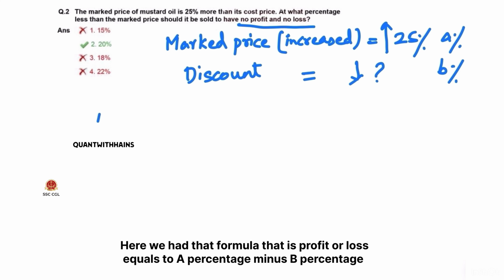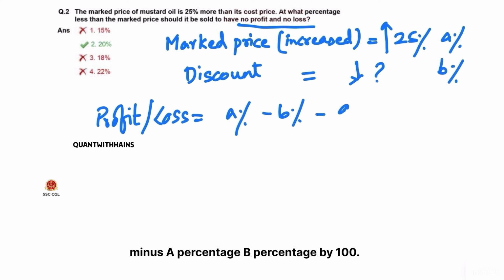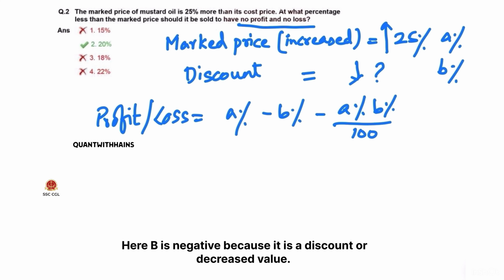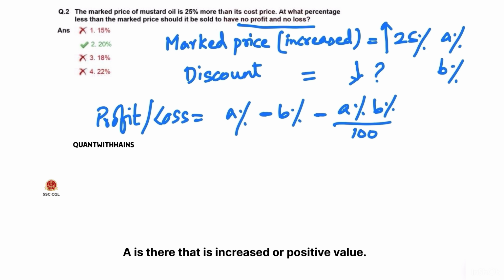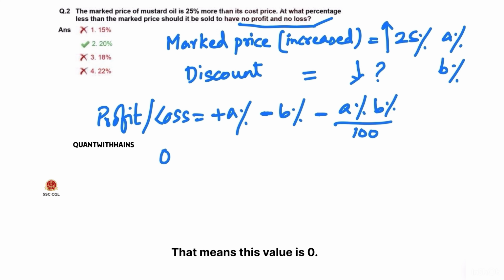Here we had that formula: profit or loss equals A percentage minus B percentage minus A percentage times B percentage by 100. Here B is negative. Wherever B is there, it is negative because it's a discount or decreased value. A is the increased or positive value. Nothing there means positive. Here no profit and no loss means this value is 0.